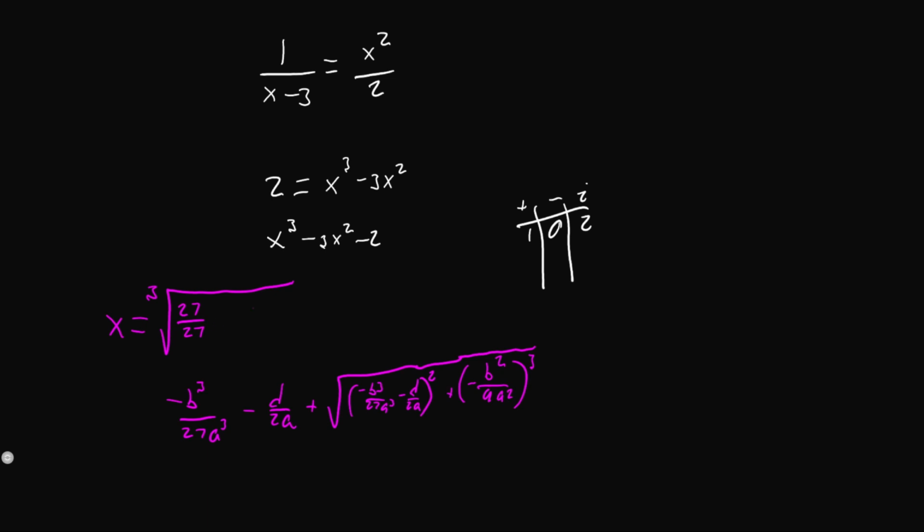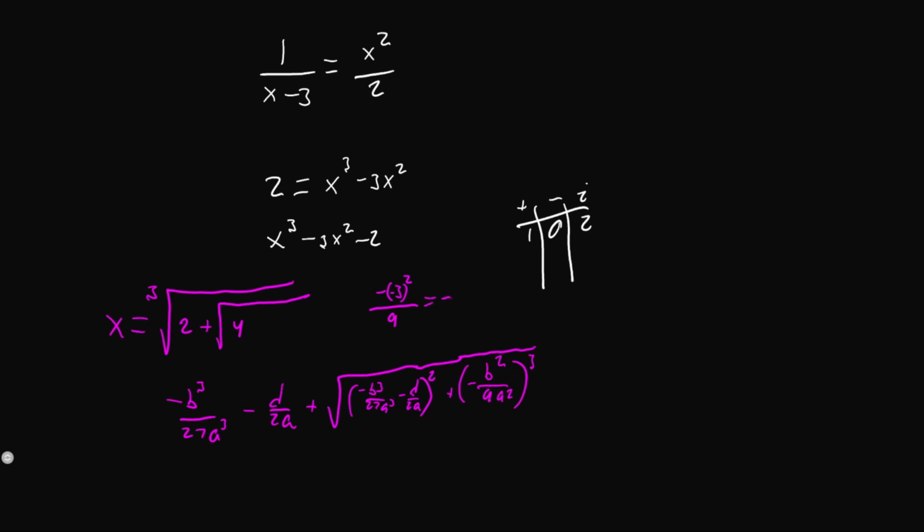And we have positive 1. So this is going to give us 2, inside the cube root I meant. So we have 2 plus the square root of 4 and negative 3 squared over 9.